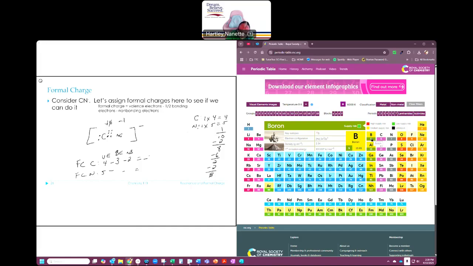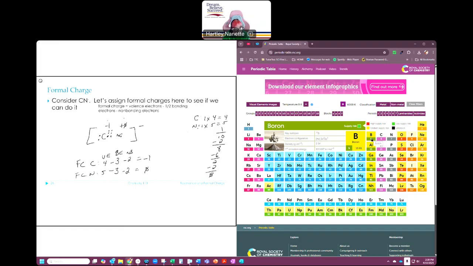That gives me a minus 1 there. We now have 0 there and a minus 1 there. We've reversed this a little bit, but that's okay. And that is the best structure that we can come up with between these.